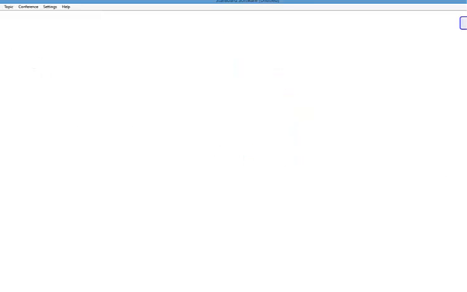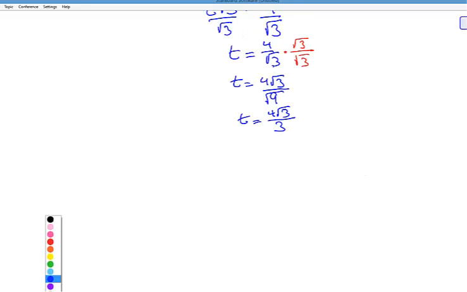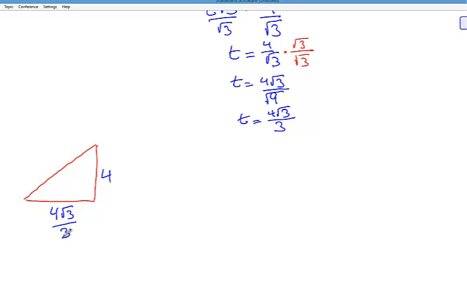So if we look at our right triangle, we now know that this side is 4 and this side is 4 square root of 3 divided by 3.